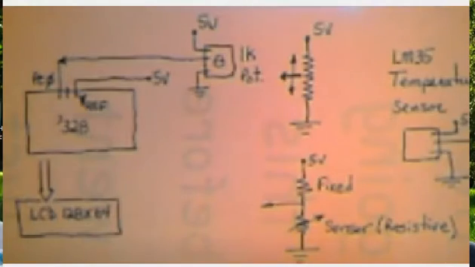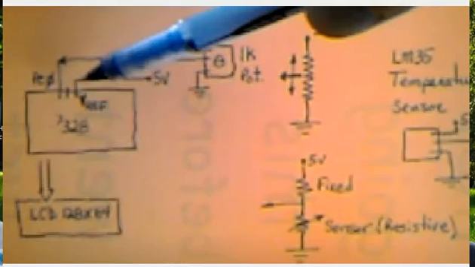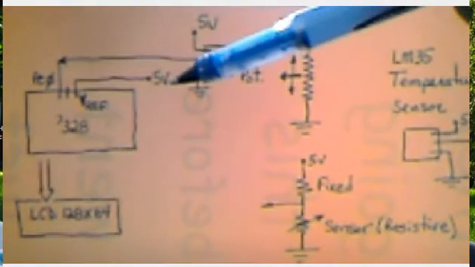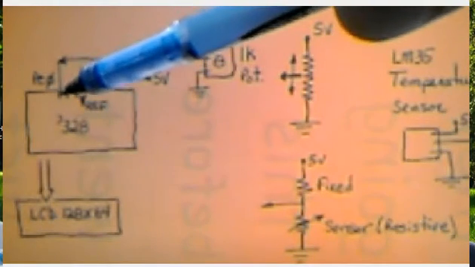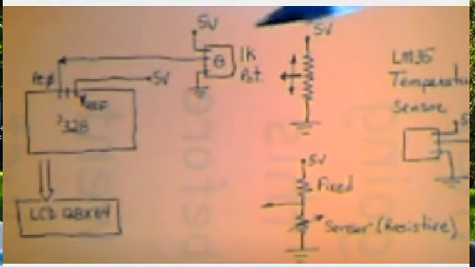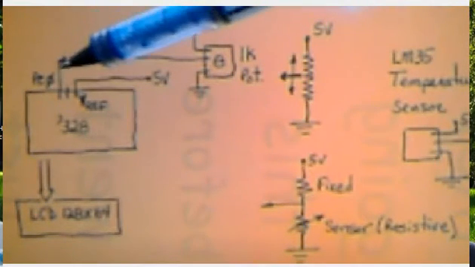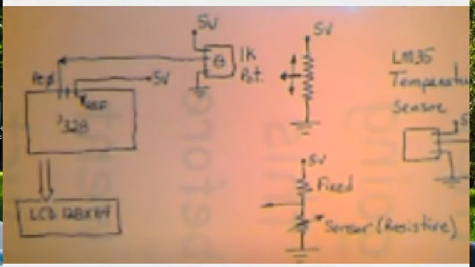The other connections that you have to make here are that the V reference will be connected to 5 volts, and then your ADC signal coming from some sensor over here will go into one of your port C connections. There are 6 ADC converters on the 328, PC0 through PC5.